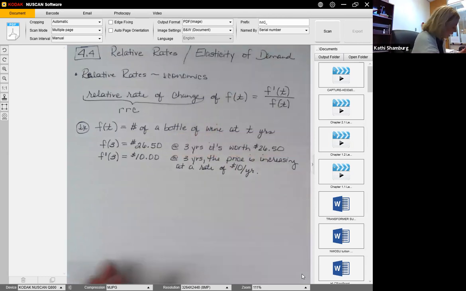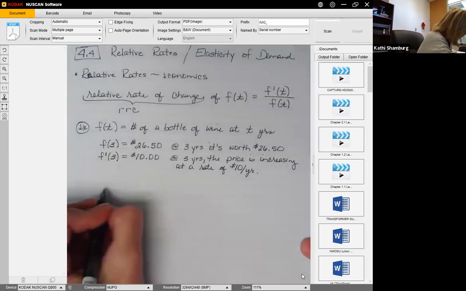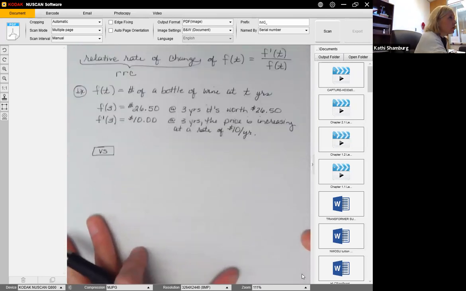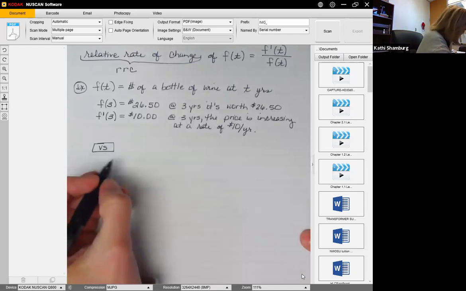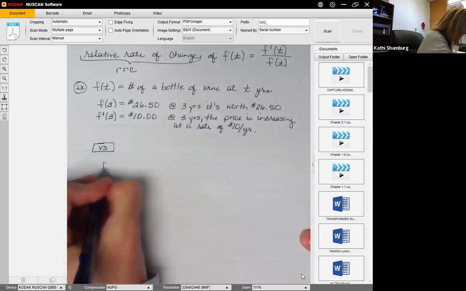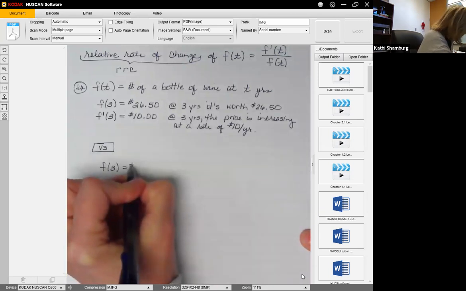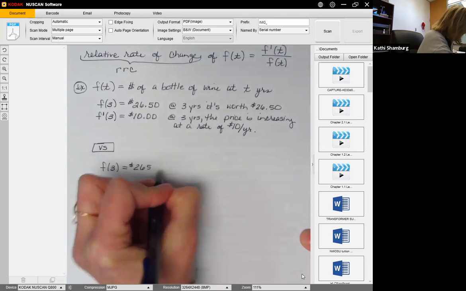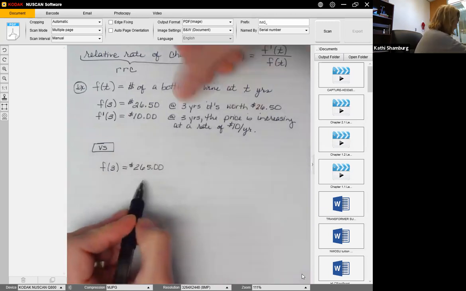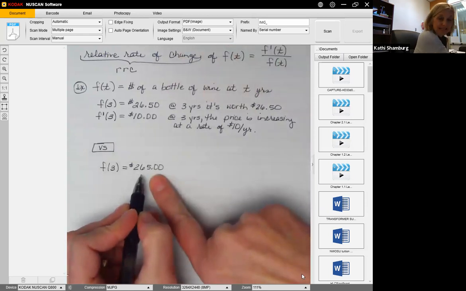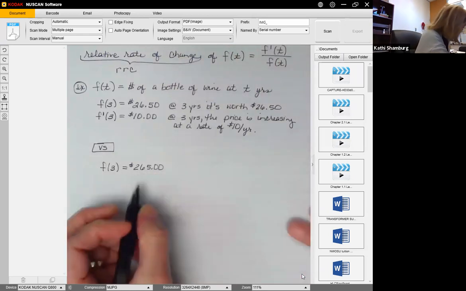Okay. All right. So then what we're going to do is do a comparison with that. So now I'm going to give you f of 3 for a different bottle of wine, and instead of being $26.50, this one at 3 years is worth $265, a lot more expensive.